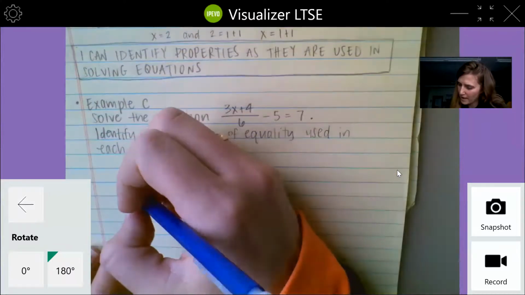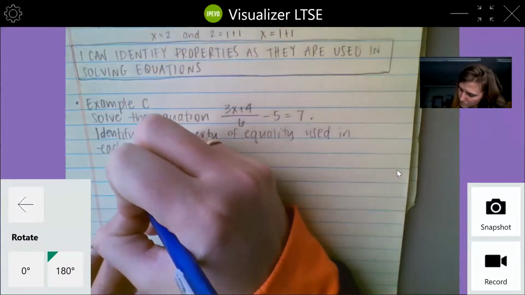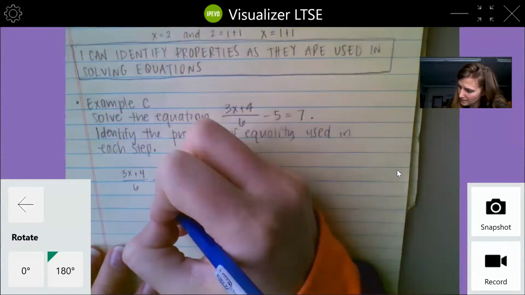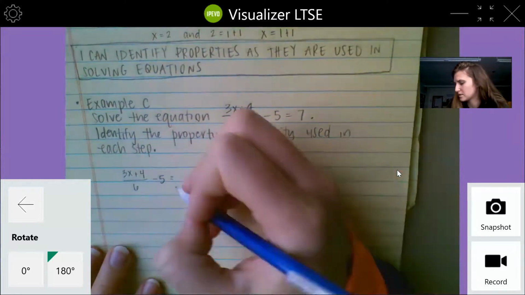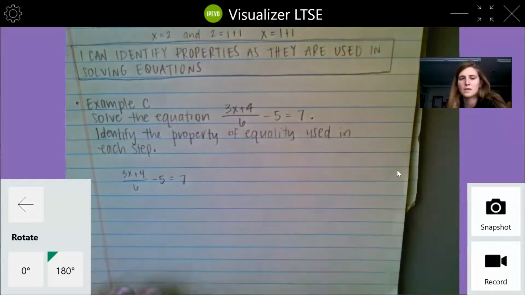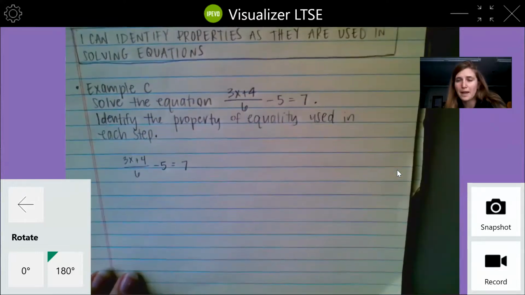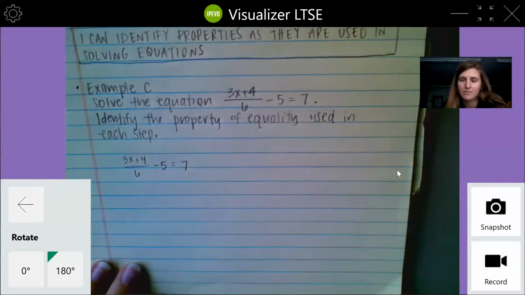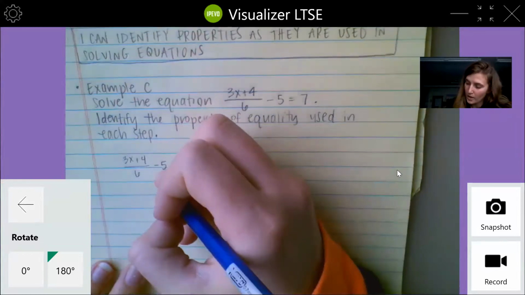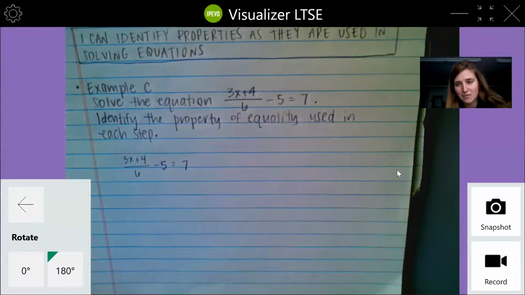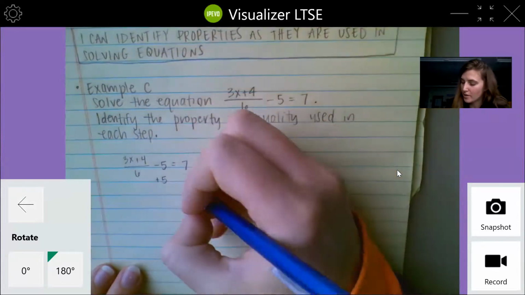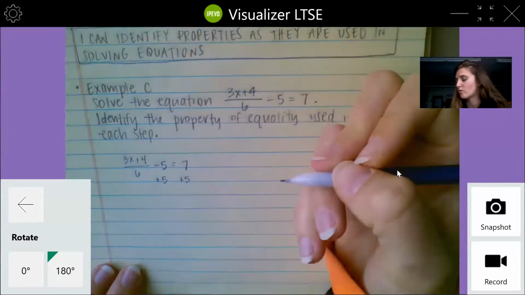So we have 3x plus 4 over 6 minus 5 equals 7. So I'm going to solve this by undoing. The first thing I need to undo is this subtracting 5. So in order to undo subtracting 5, I need to add 5. So if I add 5 over here, that means I have to add 5 over there.